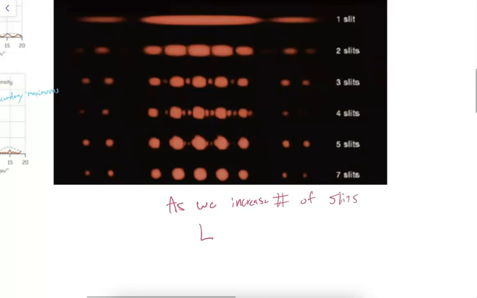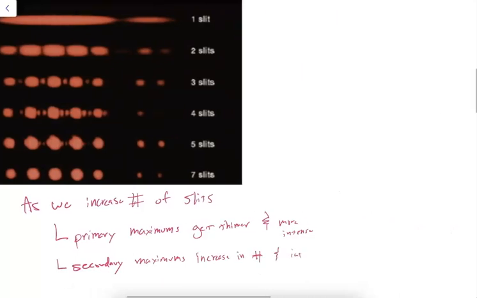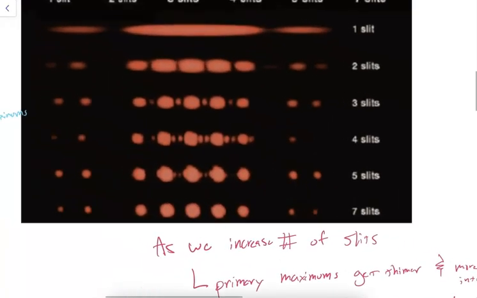Like I just said, the primary maximums get thinner and more intense, whereas the secondary maximums, though they increase in number, decrease in intensity. And you'll notice that at some point they decrease so much that they're not even visible, like in the 7-slit situation.